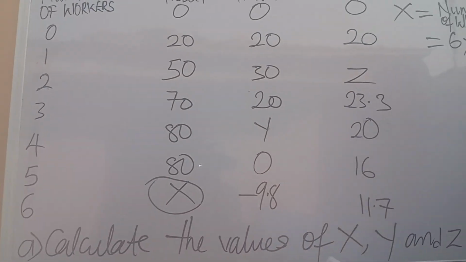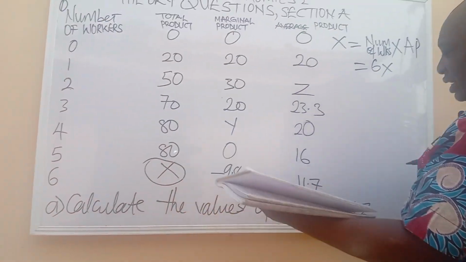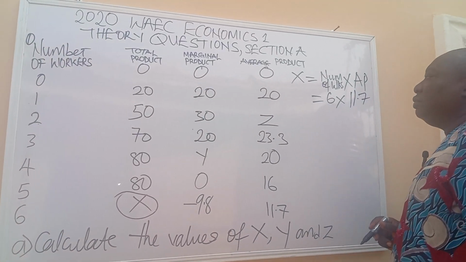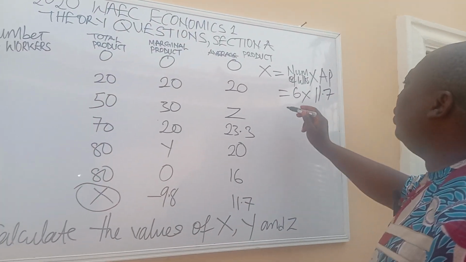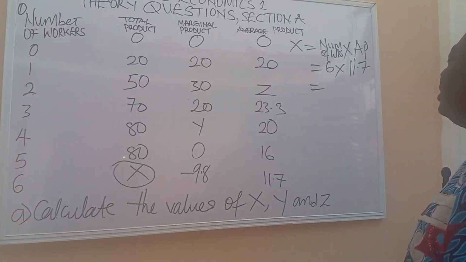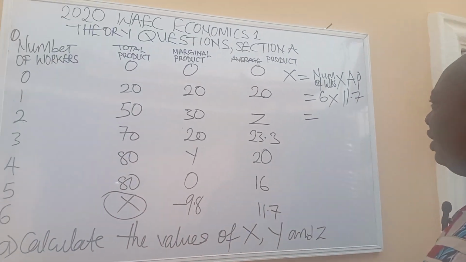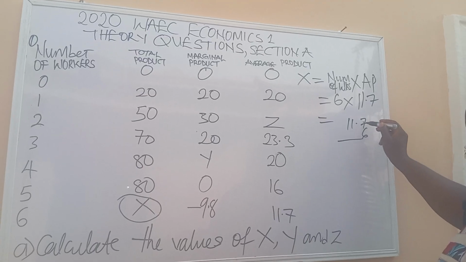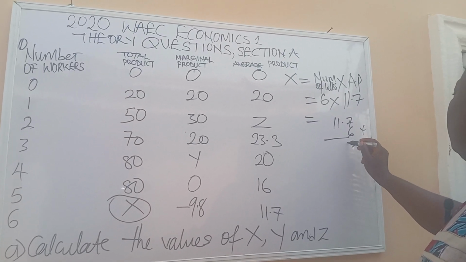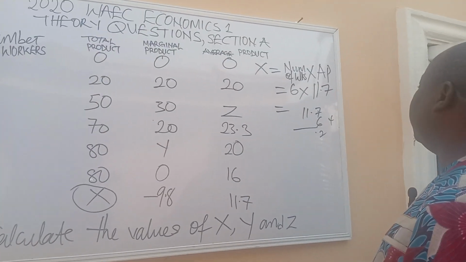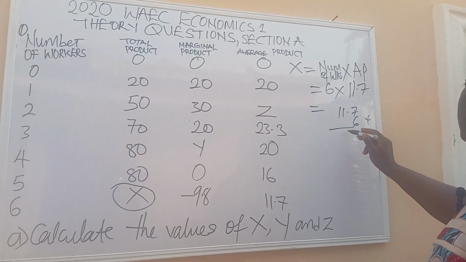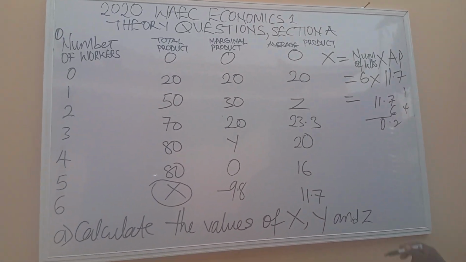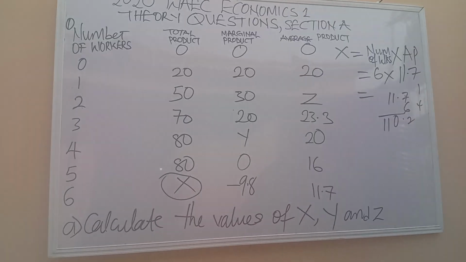Then the average product for this X is 11.7. So 11.7 times 6, what will it give you? 6 times 7 is 42, keep 4. 6 times 1 is 6, plus 4 is 10, keep 1. 6 times 1 is 6, plus that 1 is 7.